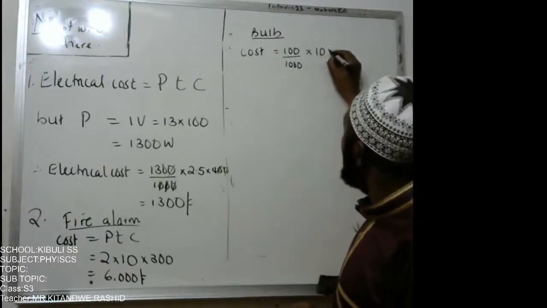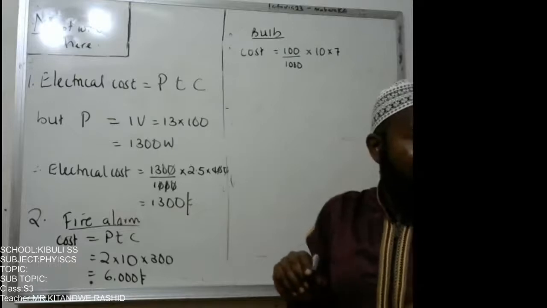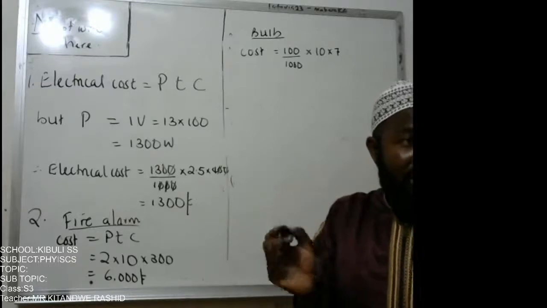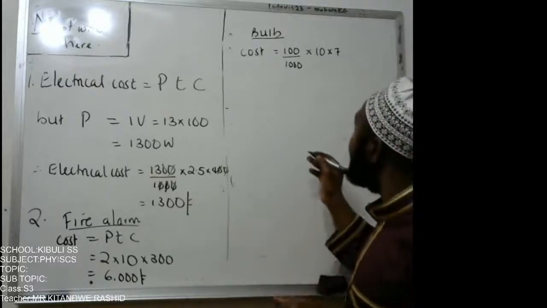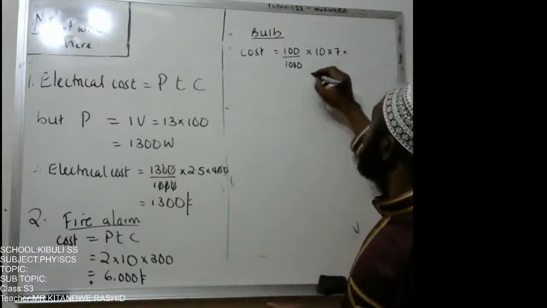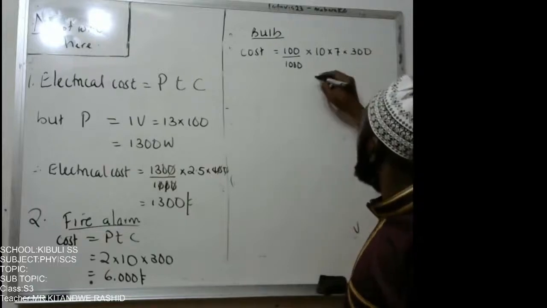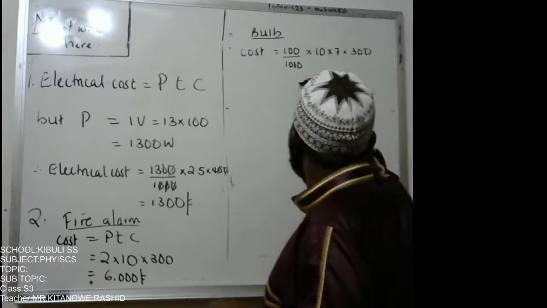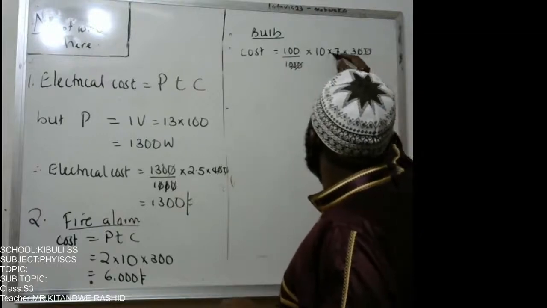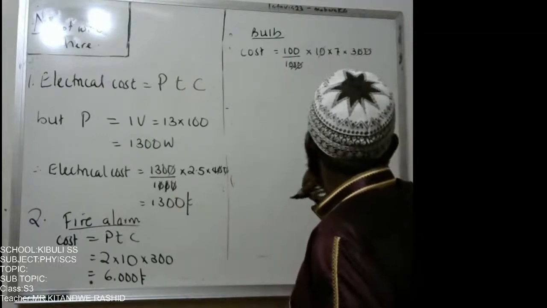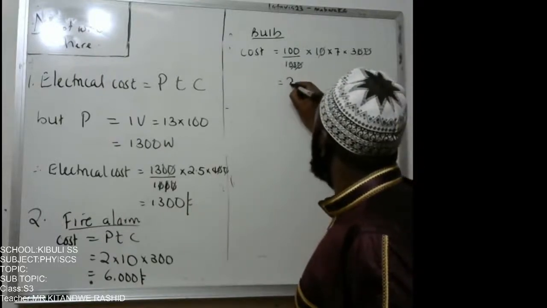Because we want it for a week, and each day is 10 hours, we multiply by 7, then times 300. So we simplify: 7 times 3 is 21, times 100, which gives 2100.